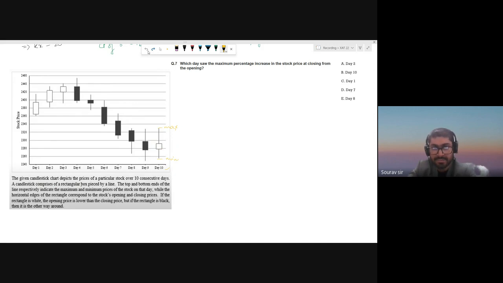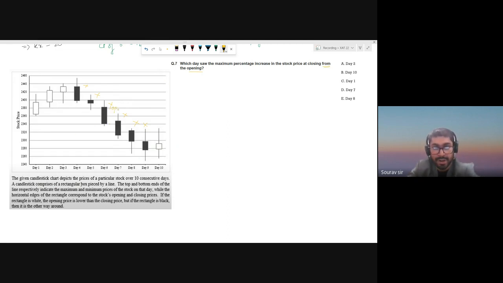Take your time. And in the meantime, we're going to check question 7. What does question 7 say? It says, which day saw the maximum percentage increase in stock price at closing from the opening? So that means the closing price should be greater than the opening price. So that immediately means these options won't be there, because here the closing price is not greater than the opening price, right?